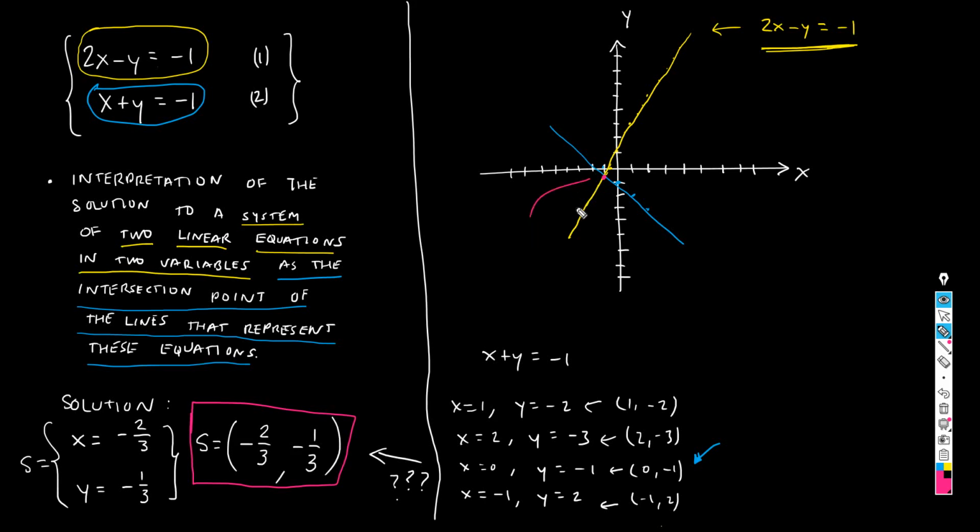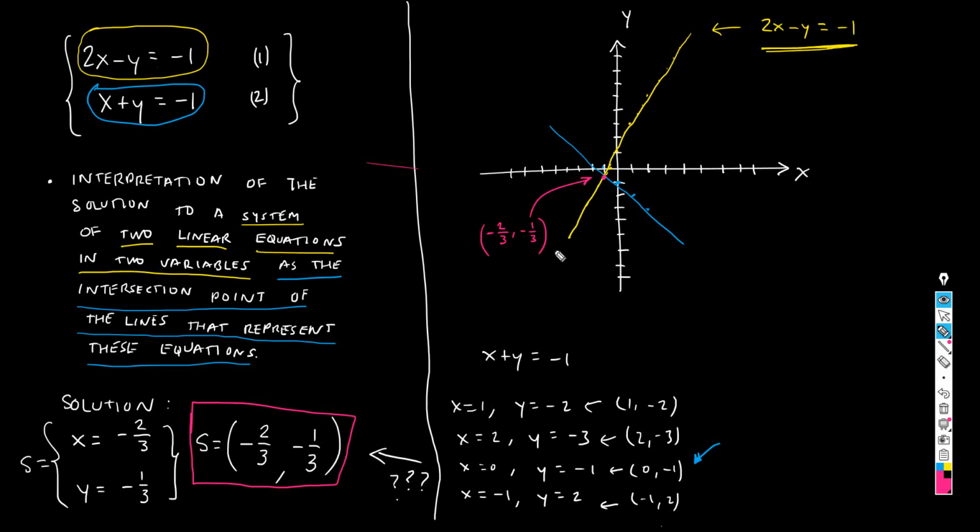What that means is your solution to the system of equations, which is supposed to be minus 2/3, comma, minus 1/3. This point is right there, guys. Okay? So that's what it means.